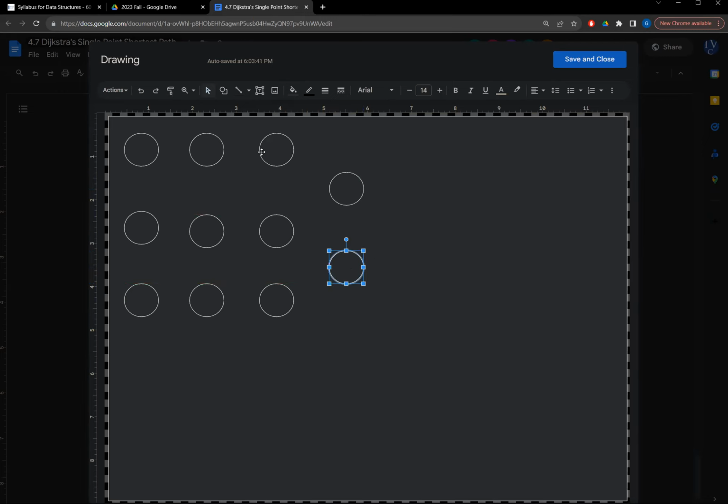The number of edges and the number of vertices in the graph are going to affect the complexity of the algorithm.